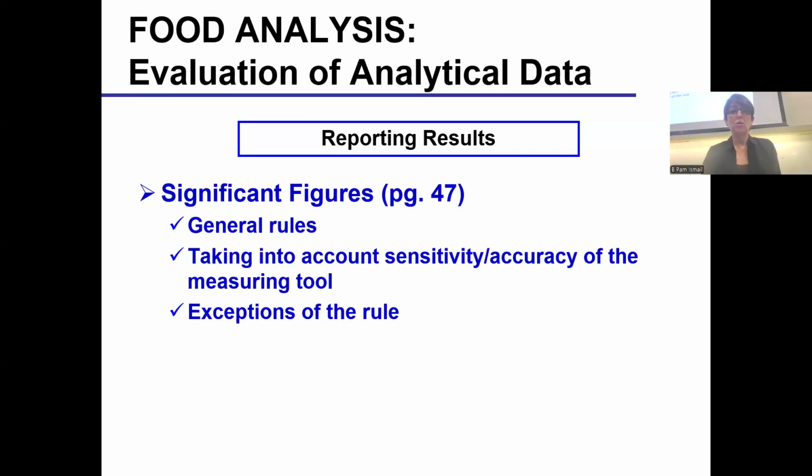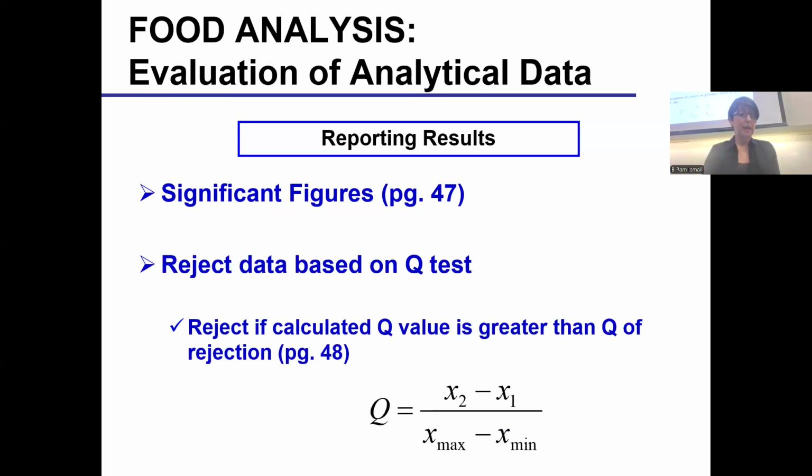All right. You can read more about significant figures on page 47 in the textbook. The last bit is important when you're running a set of replications and you have an outlier, and it's ruining your accuracy and your precision. Then there is a test that you can do, and this comes in handy.